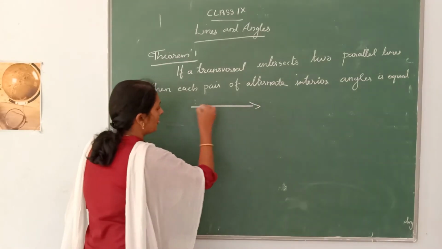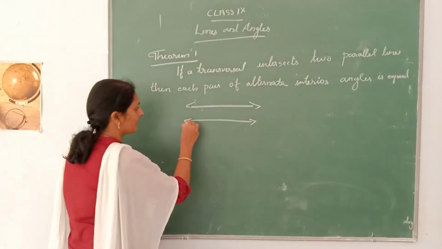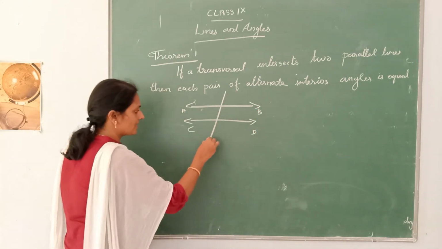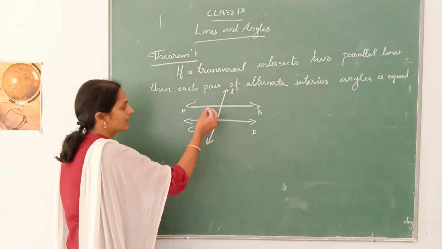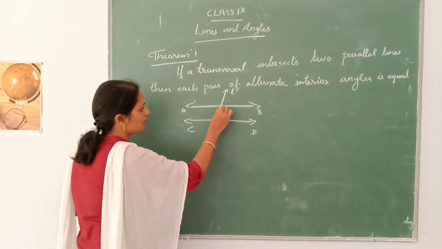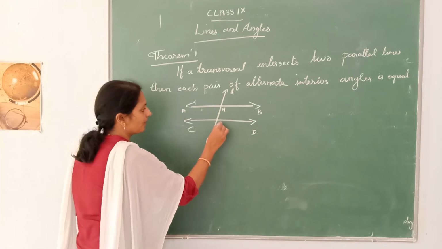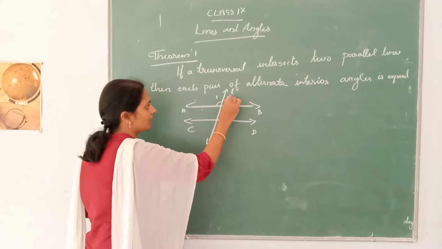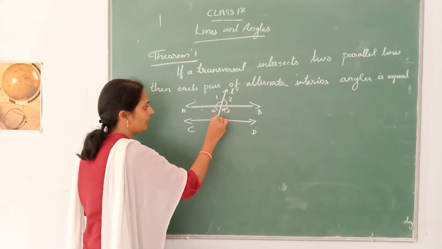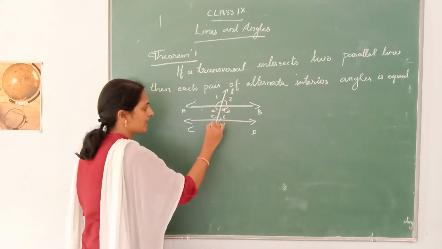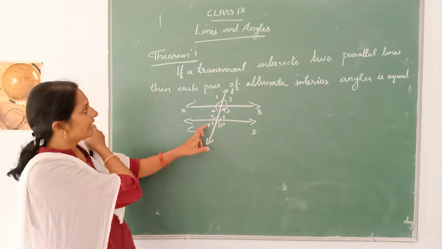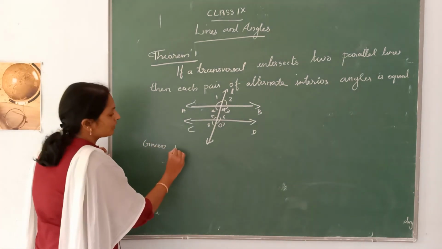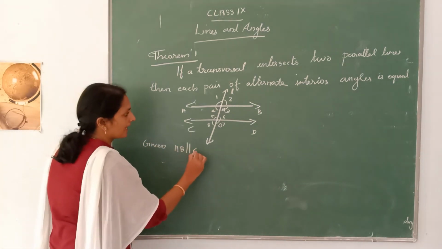Consider two parallel lines AB and CD and a transversal L that intersects at two points N and O, forming 8 angles, 1 to 8. Given AB parallel CD.